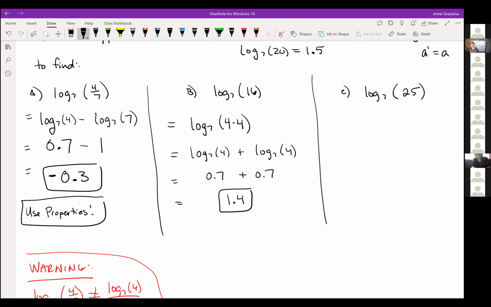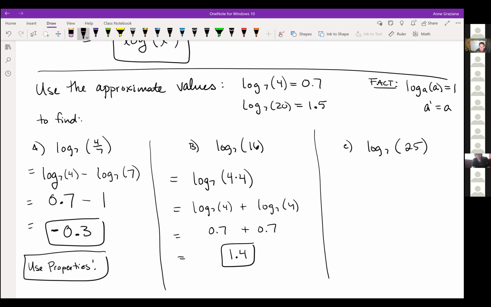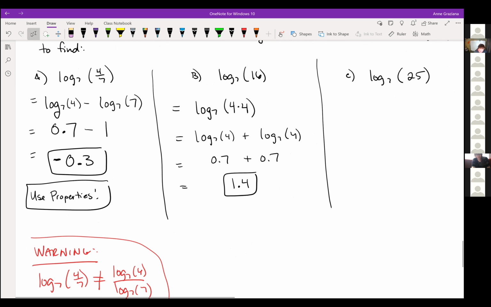Does anybody else have a different idea? I thought we could do like 2 to the 4th or something like that. Yeah, 2 to the 4th is 16, but I don't know anything about log base 7 of 2. Here's another alternate way, though. You're on the right track there, Abil. We could have said log base 7 of 4 squared. 4 squared is 16, right?